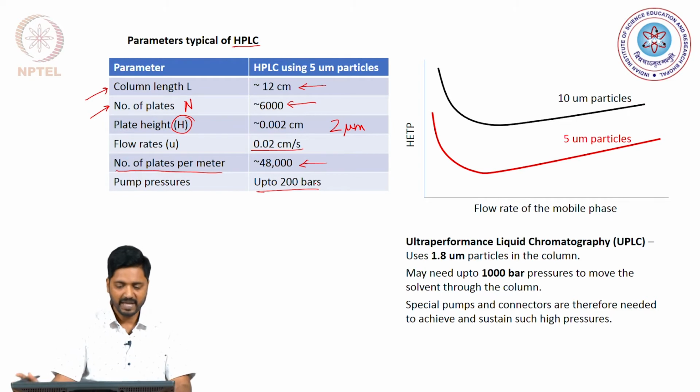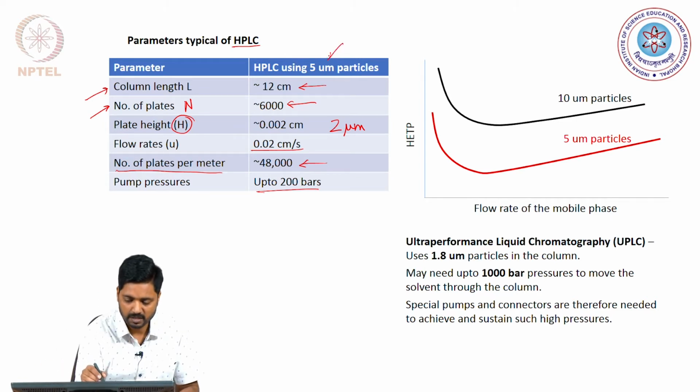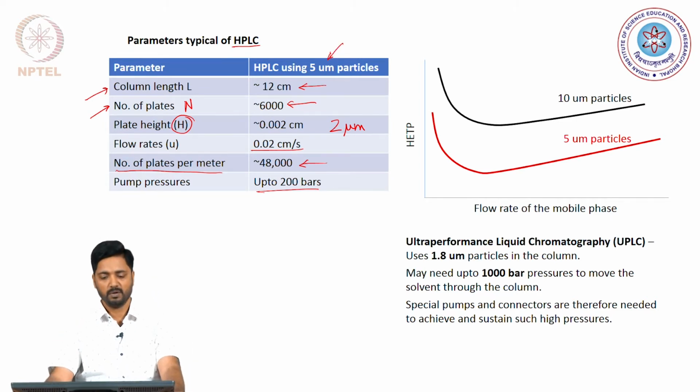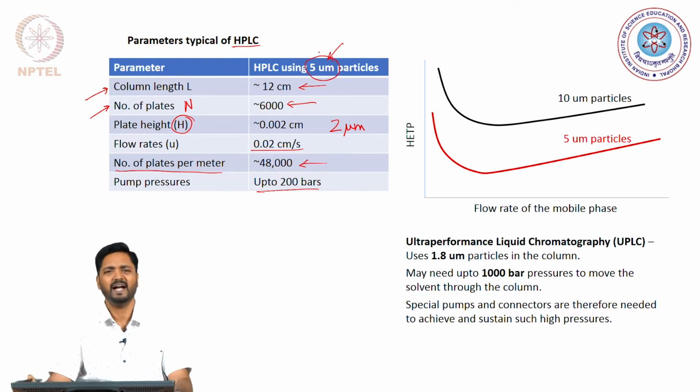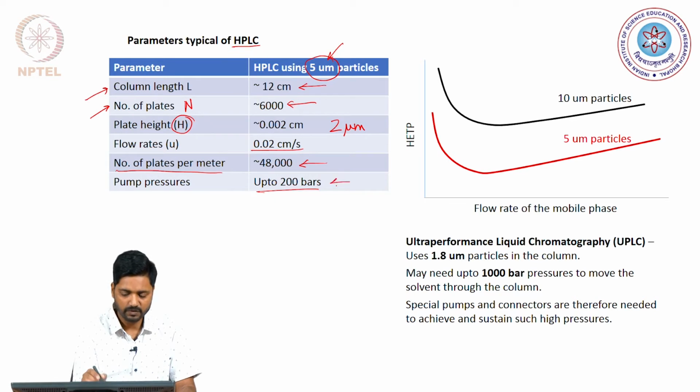Please note that these numbers that I am talking about are related to the HPLC column that is using 5 micron particles, and this is a typical size of the particle that is often used in high performance liquid chromatography, because it allows us to use pumps which do not have to generate very high pressures.